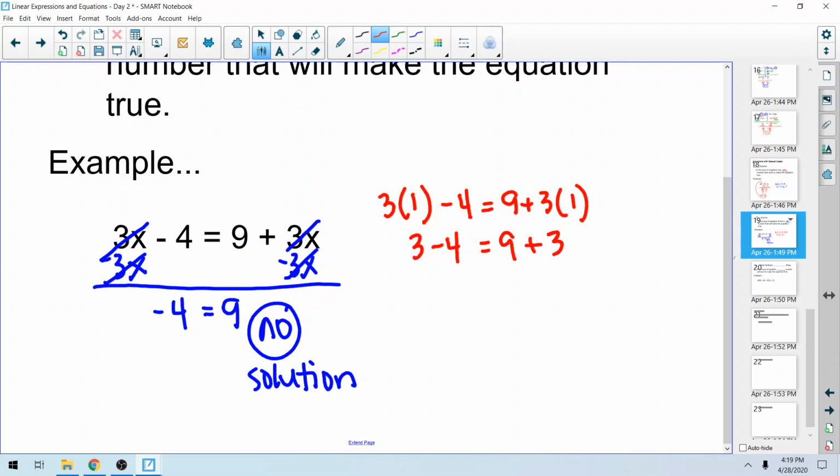Well, 3 minus 4 is negative 1 equals 9 plus 3, which is 12. No, that's not true. So you can keep trying this, but when you get down to a statement that is not true, such as negative 4 equals 9, what that is telling you is that there's no solution to that equation that will make it true.